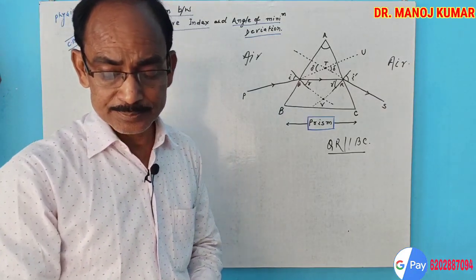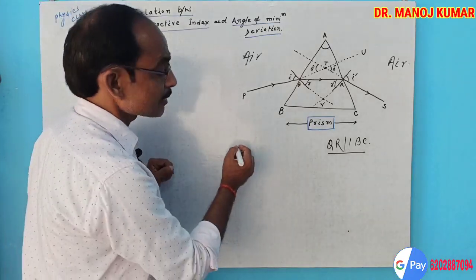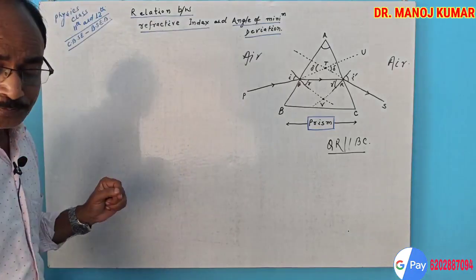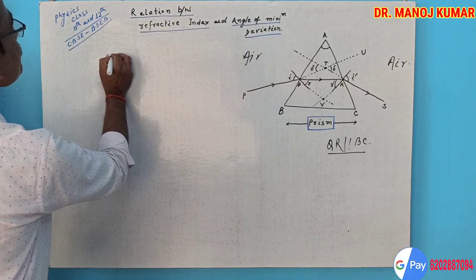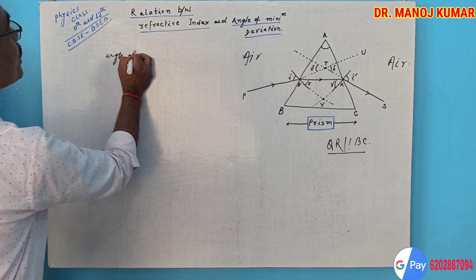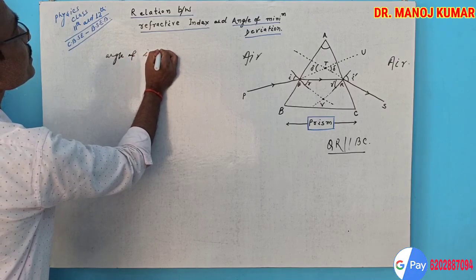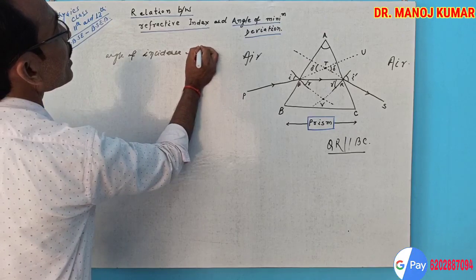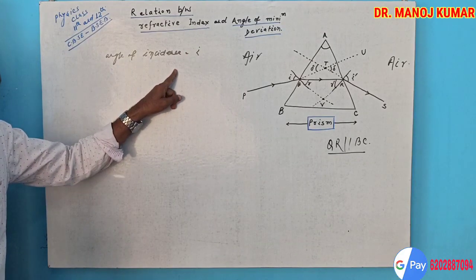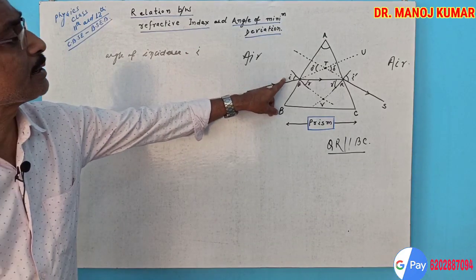In this way, we can write that the angle of incidence is I. Is it clear?